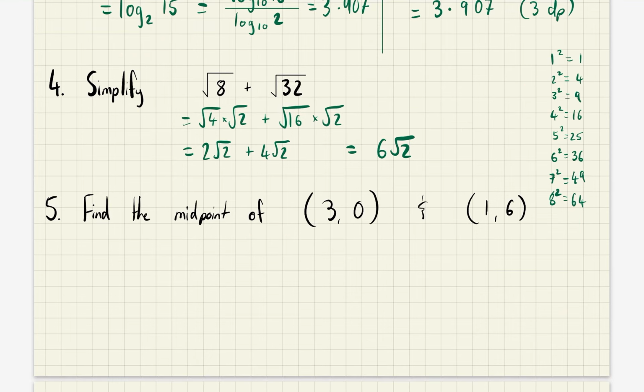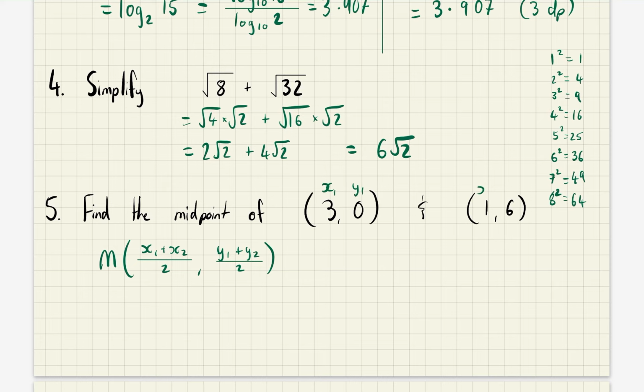Now, question 5. Find the midpoint of (3, 0) and (1, 6). So this is some coordinate geometry. The formula for the midpoint is (x1 plus x2) all over 2, and the other one is (y1 plus y2) over 2.